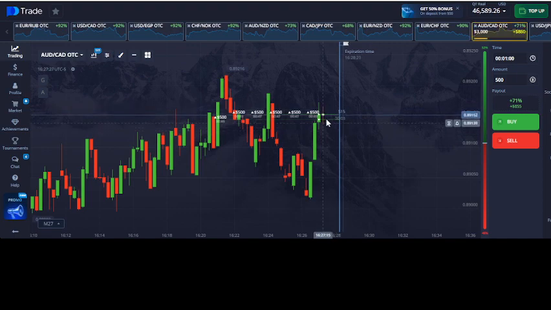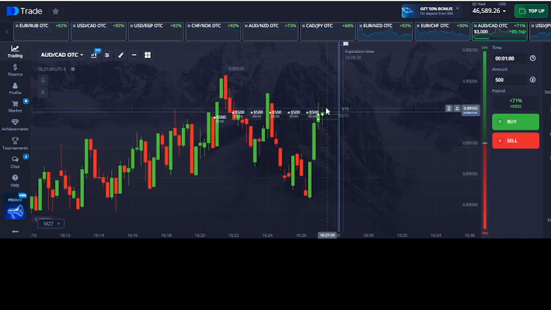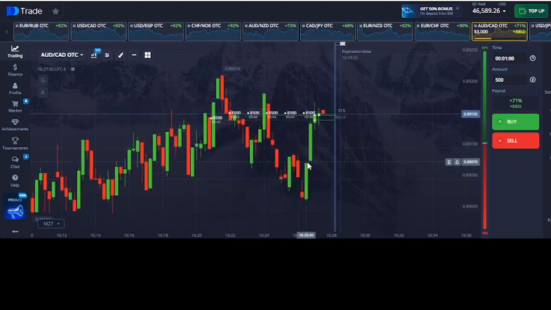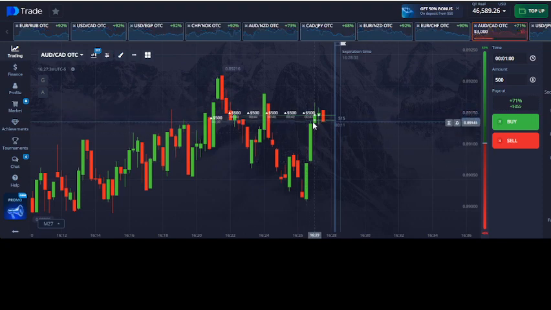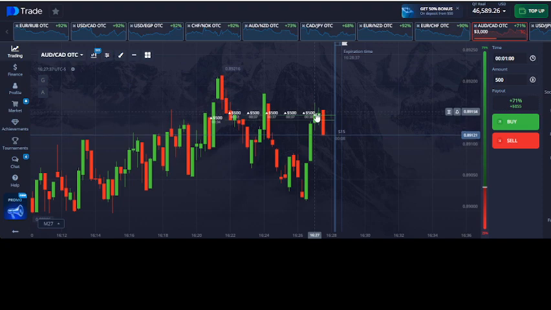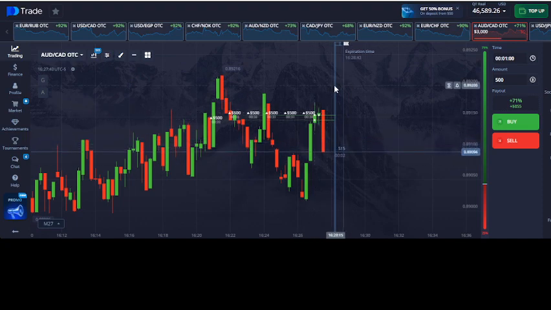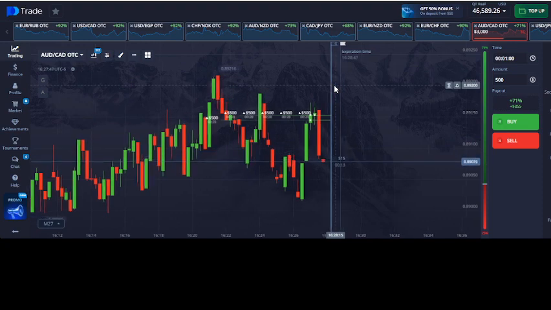The reason why I took the buy trade here is we have two candle gaps that formed here on the way up. So I went ahead and took the buy trade because of these two consecutive candle gaps to the upside here. So let's watch this trade.